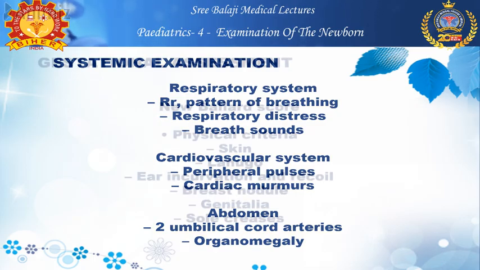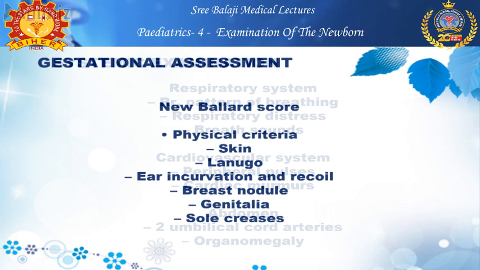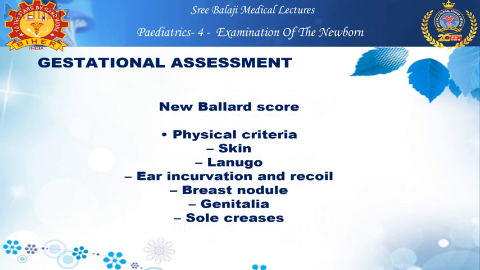Next we will go on to the gestational age assessment. The gestational age assessment is done by the new Ballard scoring system. This has 2 parts. One is the physical criteria, the other is the neurologic criteria.